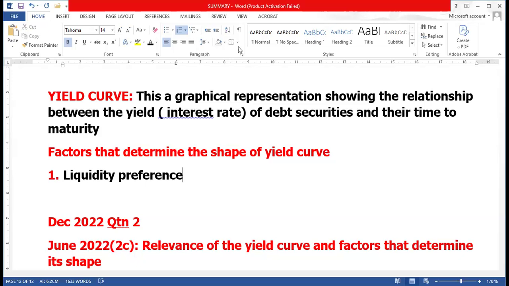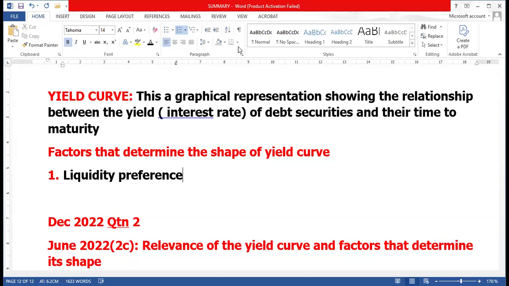So what does that mean? It means that this premium that you're going to pay as an issuer increases with maturity. The longer investors are going to invest, the more premium you're going to pay.